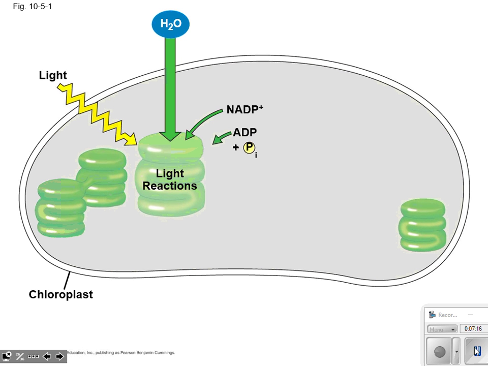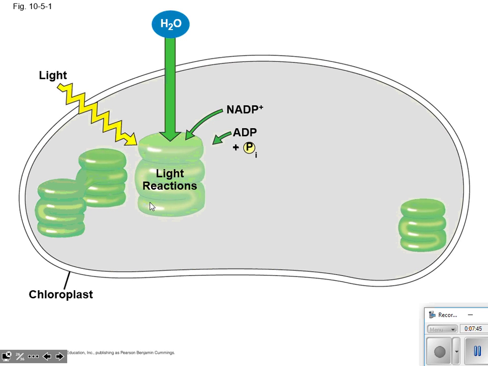Now, as I'm looking here, you should have labeled on your diagram water up top here. Color that blue. The light is shining in. What are these things right here?